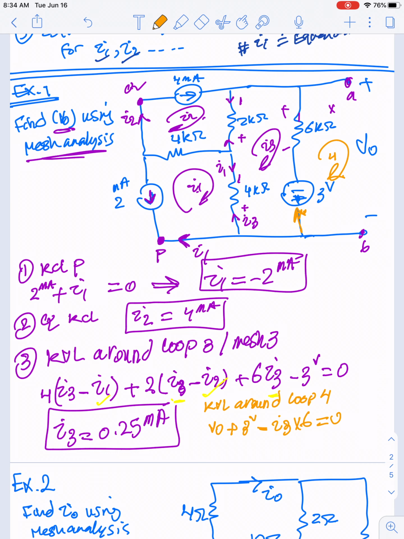So we end up with VO equal to I3 multiplied by 6 minus 3 volt, which gives us minus 1.5 volts. So this is VO. Okay.